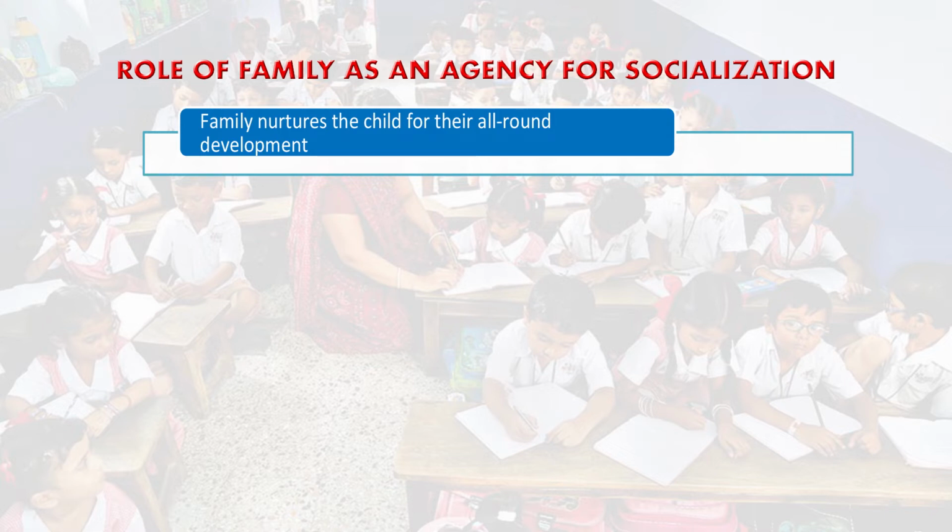It may be social development, mental development, physical development, emotional development, and development in their attitude, aptitude and creativity. So you might have observed and experienced that the grooming and development of the child starts from the very beginning, in the family as an agency of socialization.